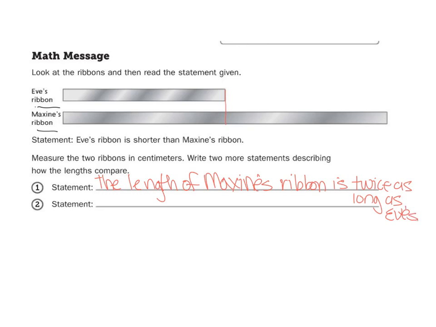You might also say that Eve's ribbon is half the length of Maxine's.